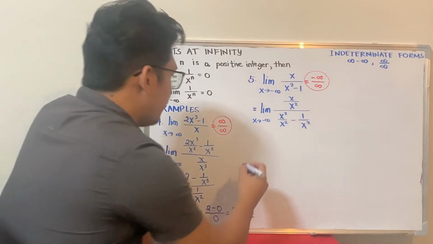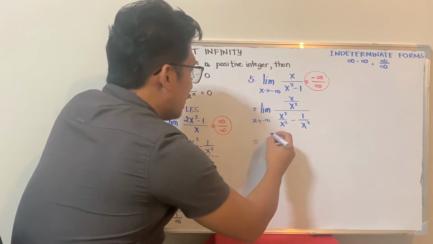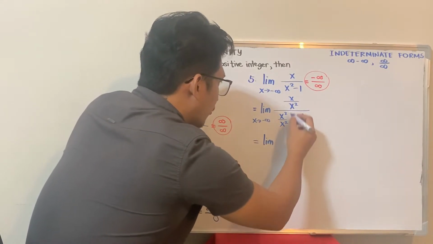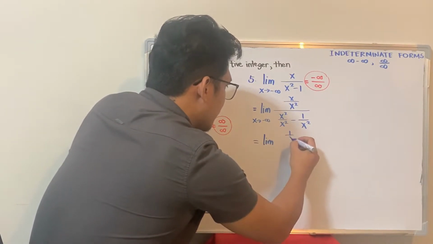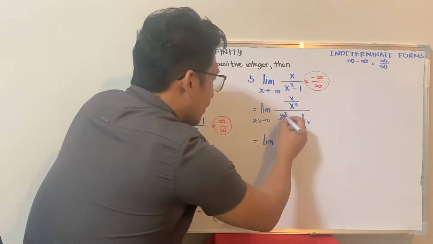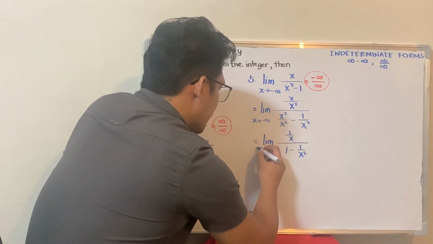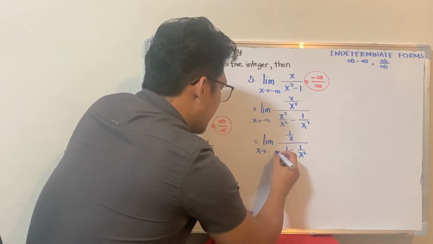Then, simplifying further, this becomes the limit, that is 1 over x, all over 1 minus 1 over x squared, as x approaches negative infinity.